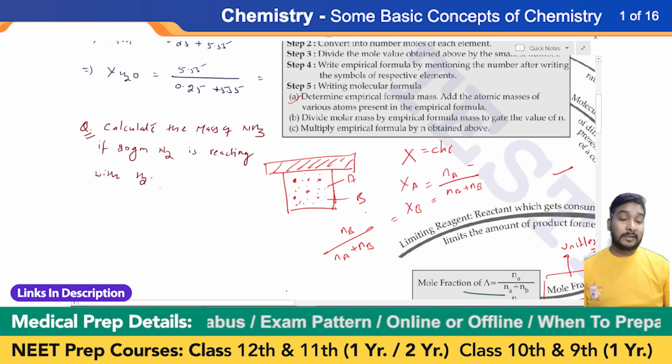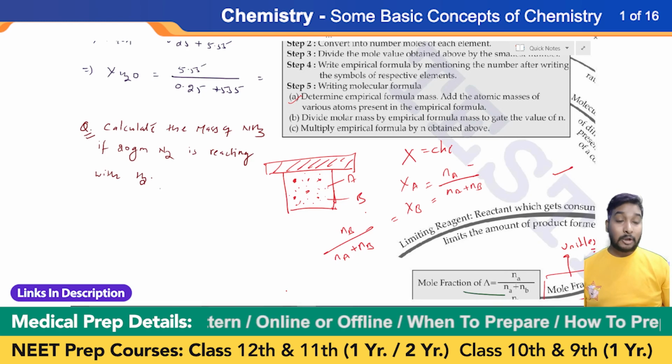Okay, so if 20 gram nitrogen is reacting with hydrogen, how much hydrogen?